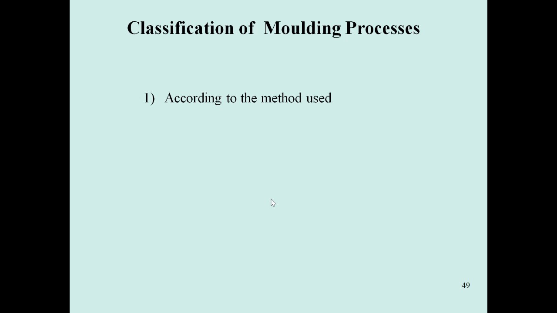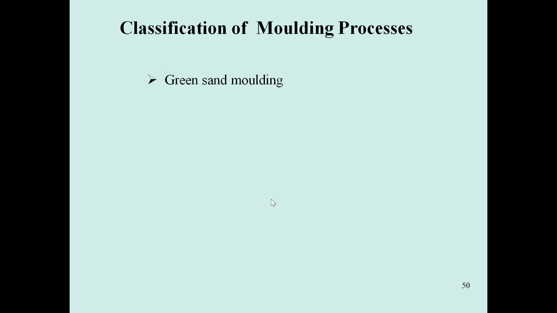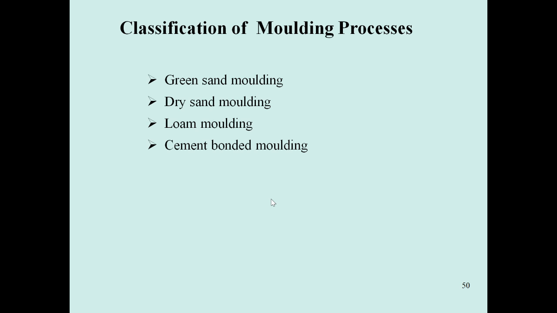Next is classification of molding processes. According to the method used, it is classified as bench molding, floor molding, stick molding, metal molding. Next are green sand molding, dry sand molding, loam sand molding, cement bonded molding, ceramic molding, shell molding.